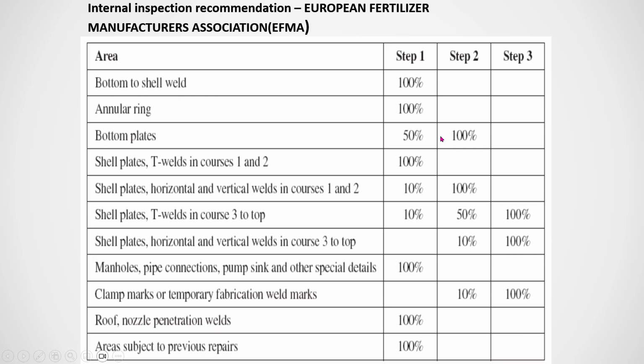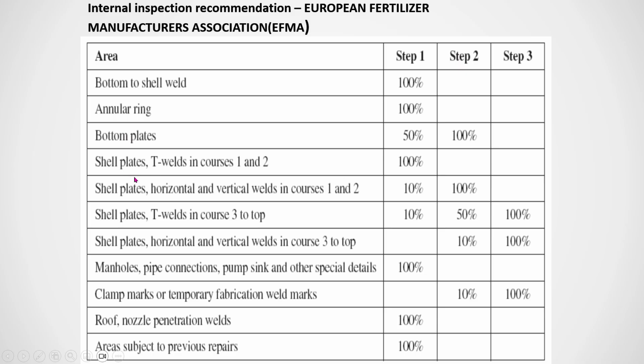So first area is for step 1, step 2 and step 3. Bottom shell welds: you have to go for step 1, you have to do all welding joint inspection. Then annular ring, there also it is step 1, you have to do all annular ring inspection. Bottom plates, and the bottom shell vertical portion: there 50%, you have to do 50% inspection, and if you find any defect which cannot be explained as due to fabrication, then in the second step you have to do 100% inspection.